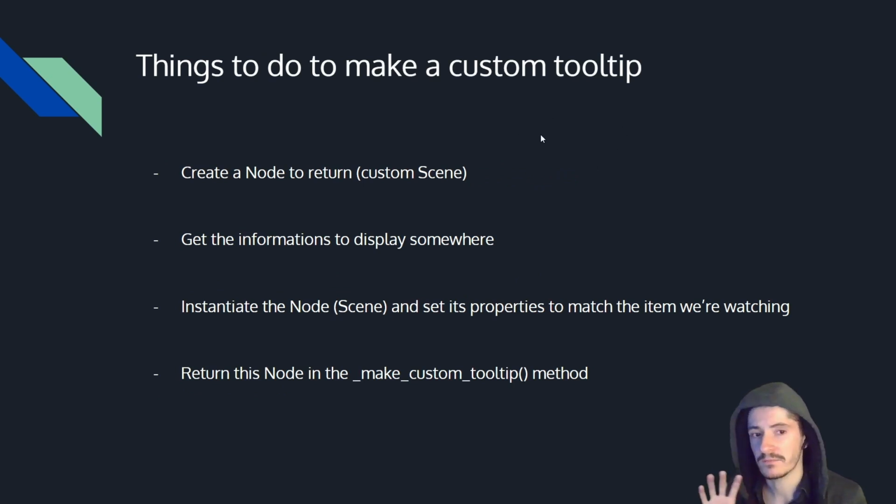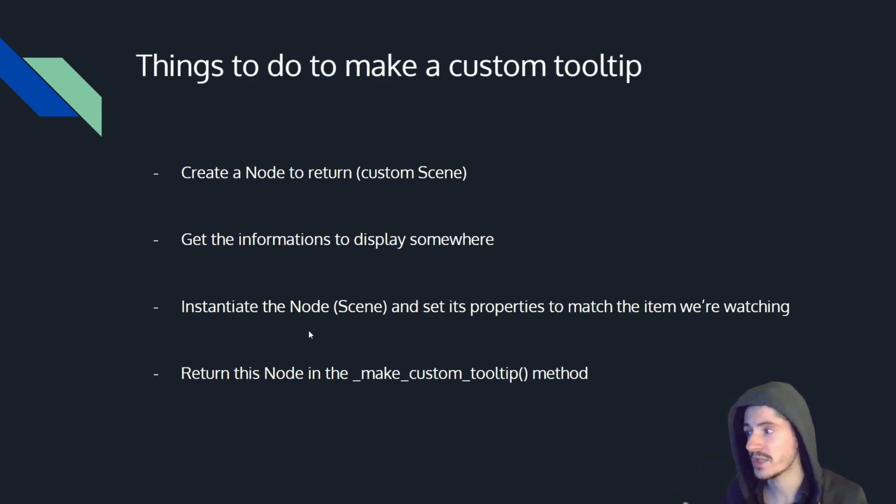Here is a quick reminder or thing that you can come back to if you do want to make tooltips. It's definitely not the best, but basically you want to create a node to return, which is going to be the custom scene you'll be using. You want to get the information to display in that node from somewhere, so you make sure that you get this information.